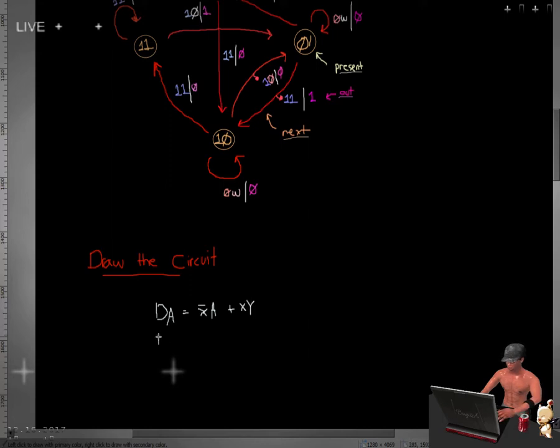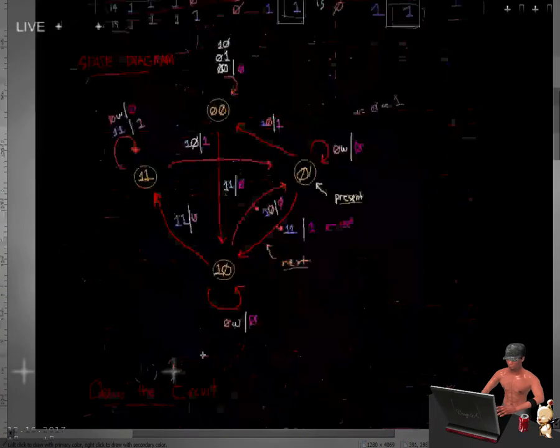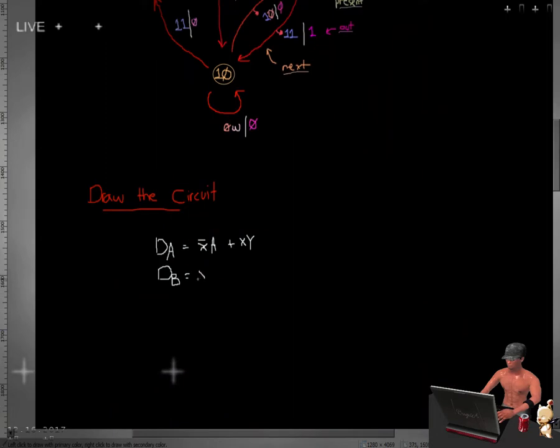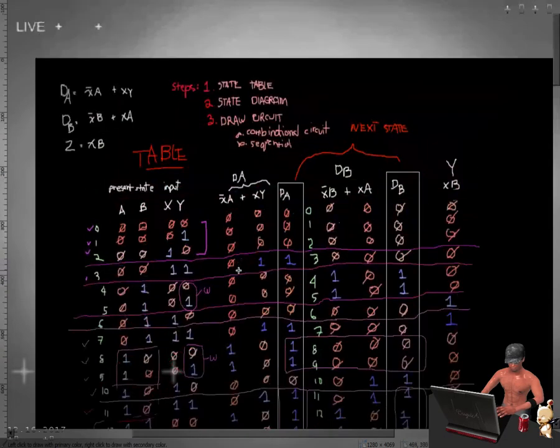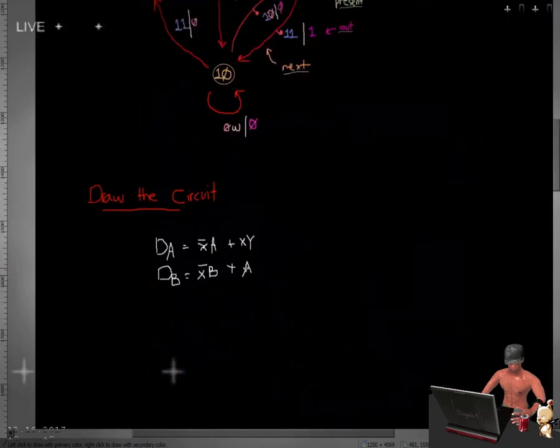And then we have DB, which is X bar B plus XA. So as you can see here, the combinational circuit is actually given to you.